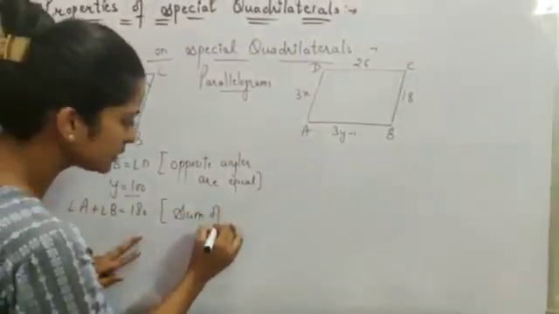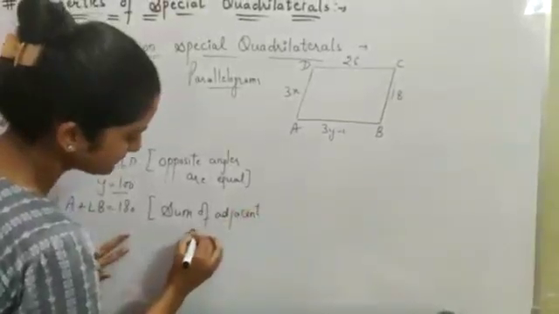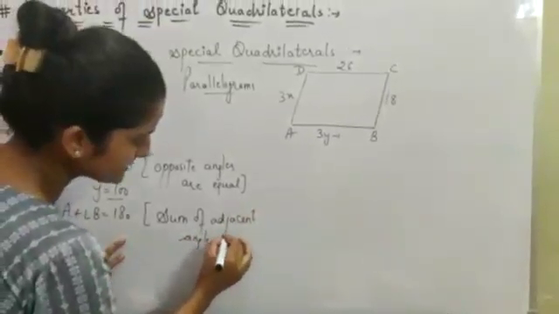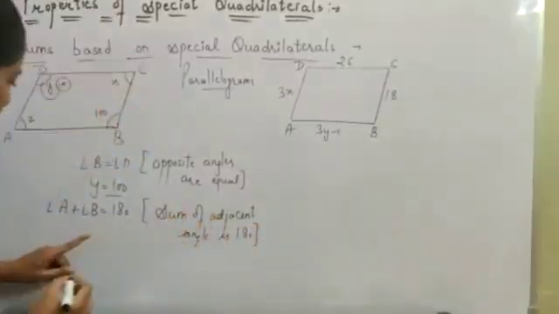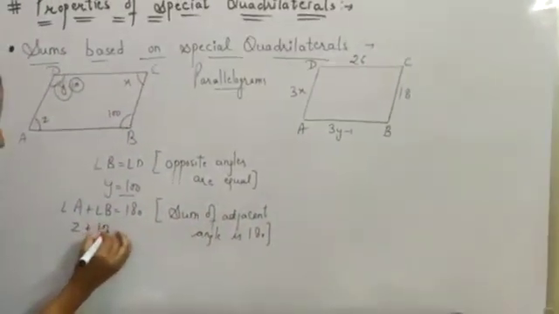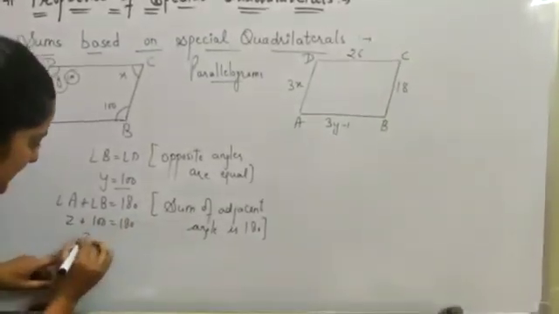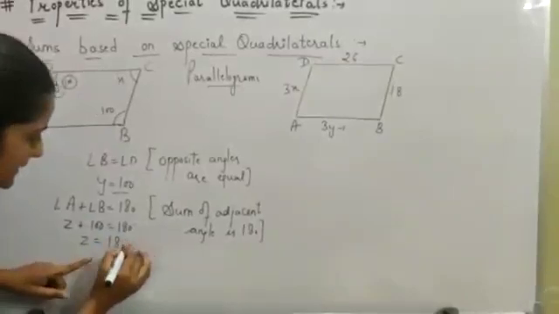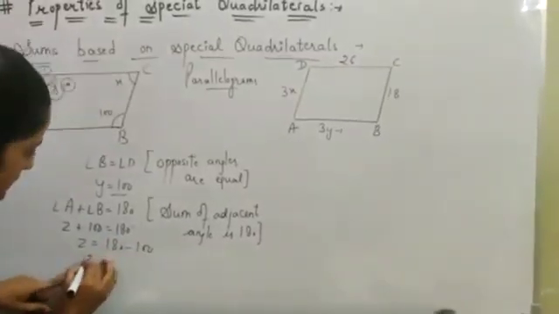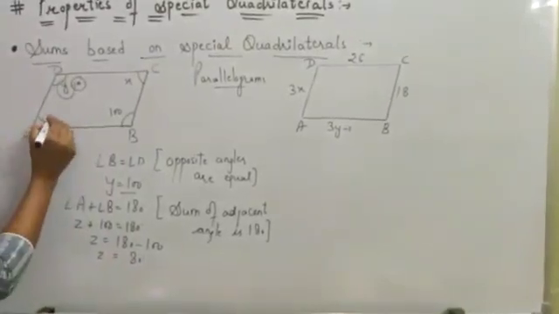Because sum of adjacent angles is 180 degrees. So Z plus 100 is equal to 180 degrees. We will take 100 on that side. So 180 minus 100. So the value of Z is what? 80 degrees. This is our 80 degrees.